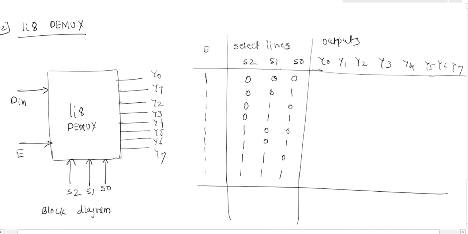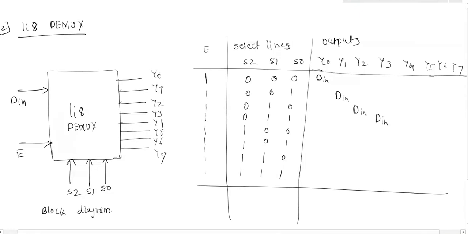When S0, S1 and S2 are 0, 0, 0, whatever data input is available is displayed onto the Y0 output line. When they are 0, 0, 1, the data is displayed onto the Y1 output line. For 0, 1, 0, the data input is displayed onto Y2. For 0, 1, 1, it is displayed onto Y3.